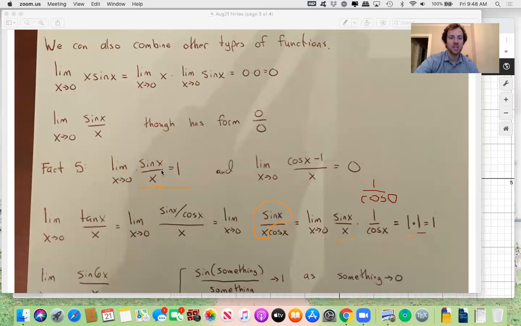I should mention in the textbook, it gives more explanation for where these limits come from, especially this first one. If you're interested, go check it out. I'm not going to worry about it. We're just going to take them as given.